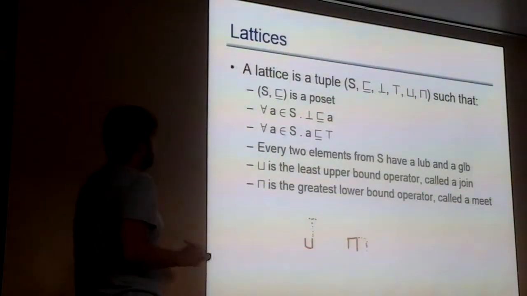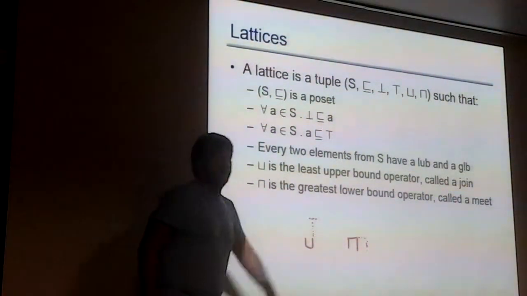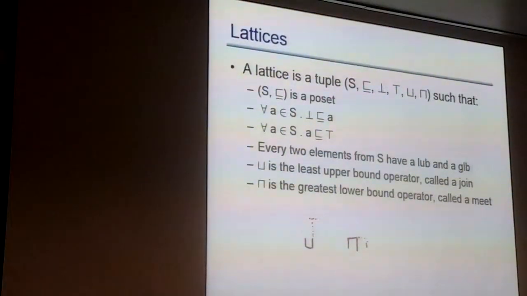The other thing to remember is that the join is actually the least upper bound. So in fact, the join goes up. If you have two things like this and you join them, it goes upwards.